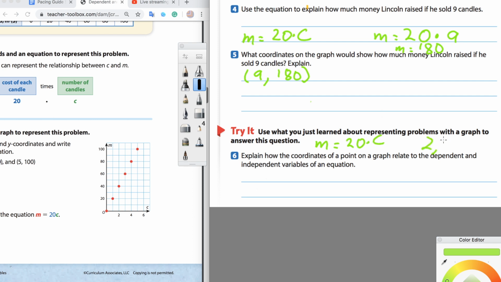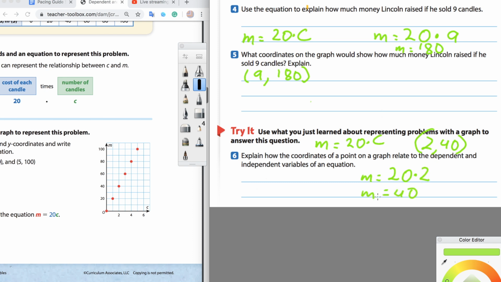So if I use 2 and 40, 2 candles to $40, how would that affect me here? Would I multiply times 40, or would I multiply times 2 when I'm multiplying this 20? The candles is a 2, and the M is how much money is made, which is $40. The M never gets replaced, but the C gets replaced by a 2. And that gives me my 40.